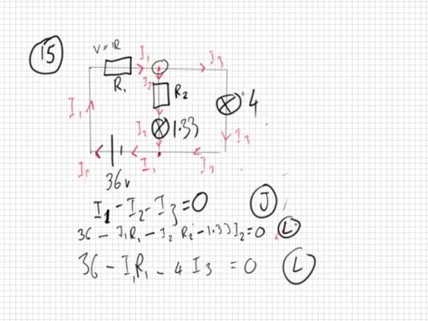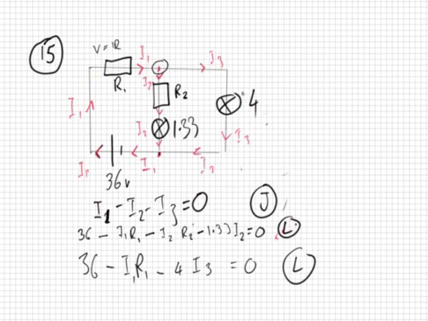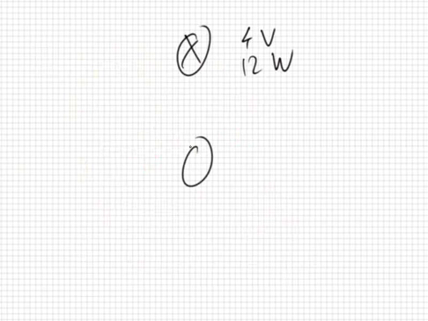Okay, so calculate the current taken by each lamp. Oh yeah, the first part is actually a separate problem here. I'll go back to this, but I'm just going to the side for the moment. They just said, if you have this lamp, which is 4 volts and 12 watts, and this lamp here, which is 12 volts and 6 watts, they want to know if it's operating fully at the 12 watts, what's the current?